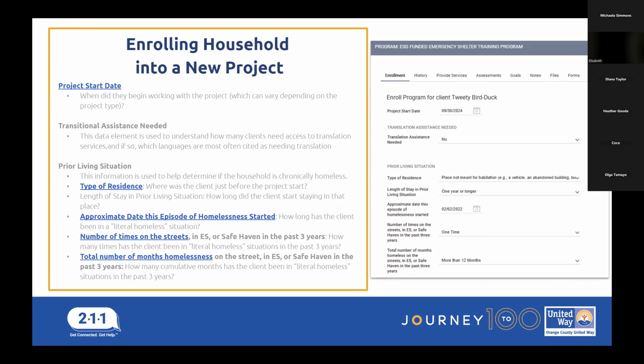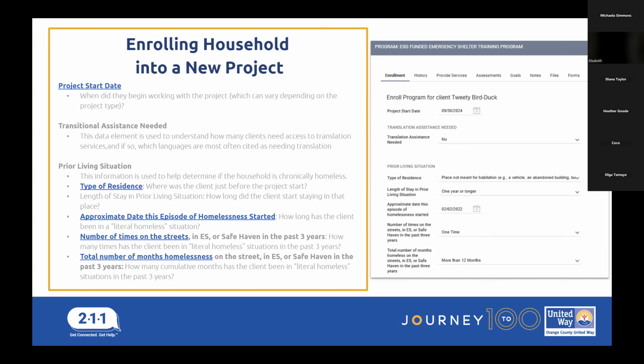Type of residence: where was the client just before the project start? Length of stay in prior living situation: how long did the client stay in that place? Approximate date this episode of homelessness started: how long has the client been in a literal homeless situation?